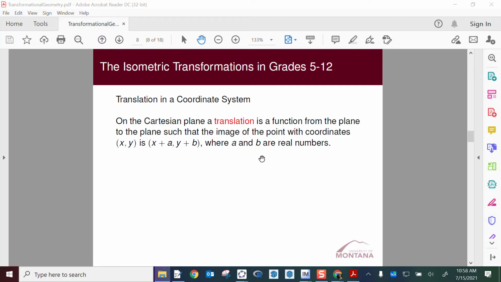Well, sometimes we teach them on a coordinate plane, and this is really common. So on the coordinate or Cartesian plane, a translation is a function from the plane to the plane such that the image of the point with coordinates (x, y) is (x + a, y + b), where a and b are real numbers. So in other words, the a is how much I move it horizontally, and the b is how much I move it vertically.